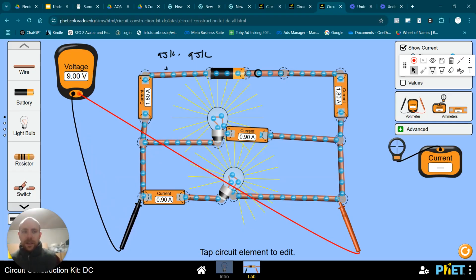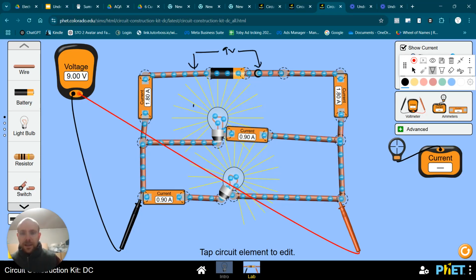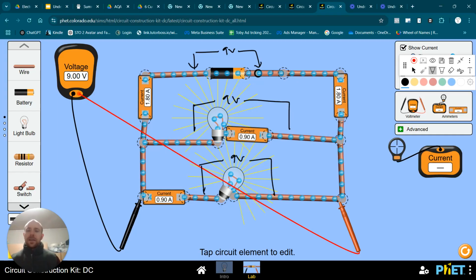In other words, what I've got here is 9 volts of potential difference across the battery. I've also got 9 volts across this lamp, and I've also got 9 volts across this lamp. So it seems slightly counterintuitive that in parallel circuits, the voltage is the same across each branch, each loop.